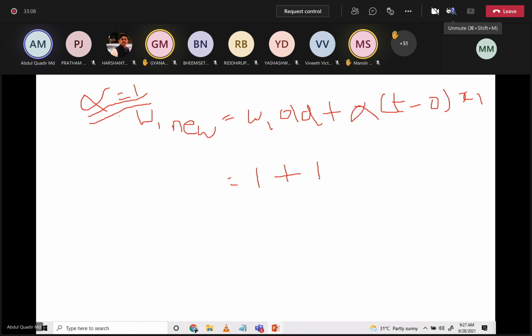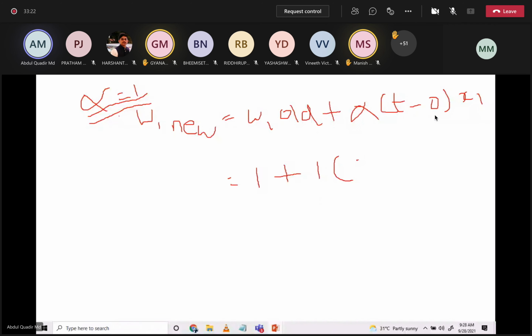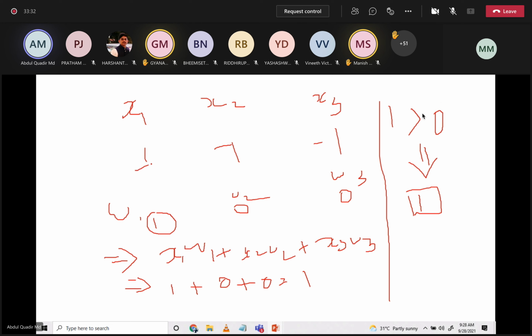So 1 into what is the target value, students? Given value, 0. What is the output which we have got? 1. 1 into x1. What is x1? 1.